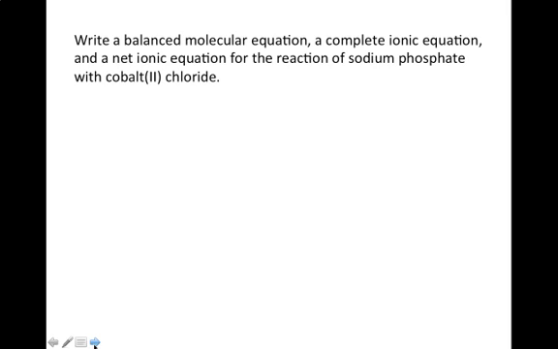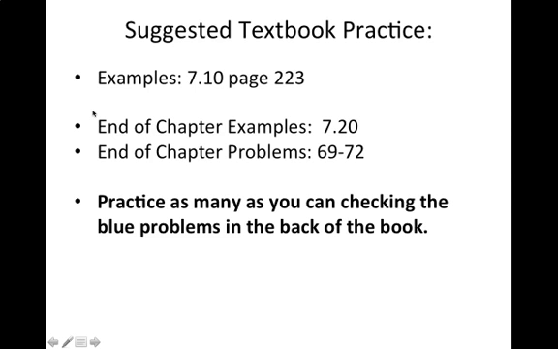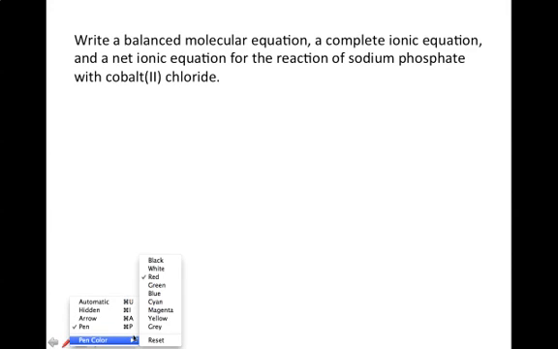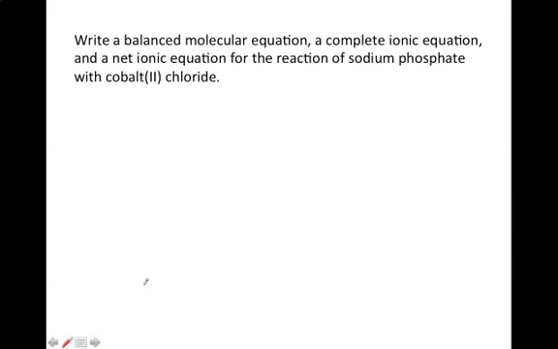Alright, let's write a balanced molecular equation, a complete ionic equation, and a net ionic equation for the reaction of sodium sulfate with cobalt. Oops. Let's get a different pen color. Let's use green.